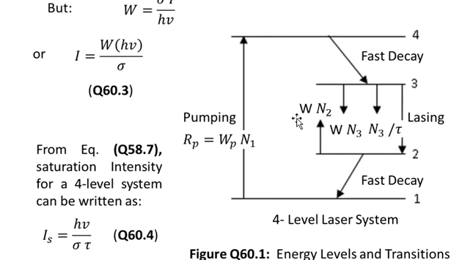WN2 is the absorption rate, taking the population from level number 2 to level number 3, designated by the absorption transition rate. But since the population of level 2 is nearly 0, we can disregard this quantity, that is WN2 can be set safely equal to 0.